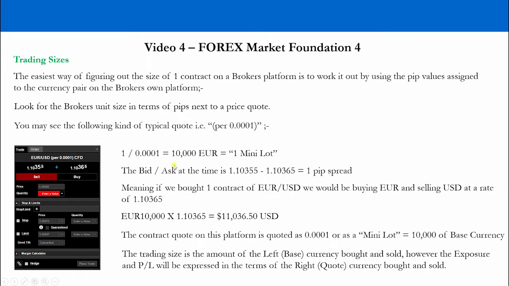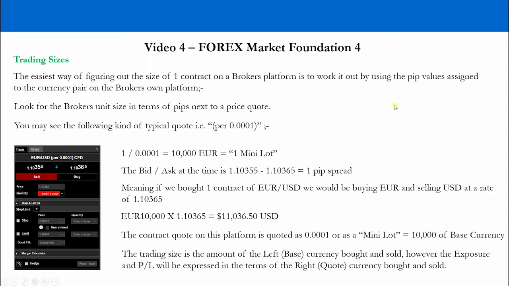And we know that 10,000 in the base currency is equal to 1 mini lot. And the bid ask at the time in this situation was 1 spot 10355 to 1 spot 10365. So we basically have a 1 pip spread, and we're selling at this price and buying at this price. This is the quote.